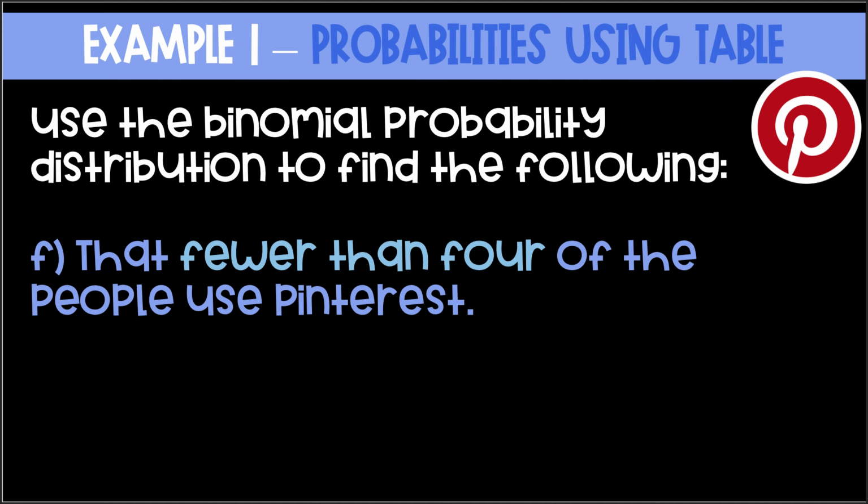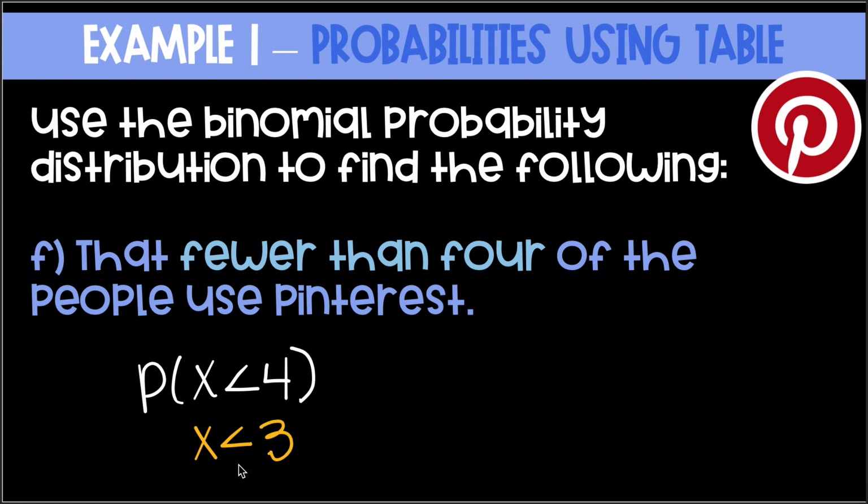Now, to find the probability that fewer than 4 of the people use Pinterest, that's the probability of x is smaller than 4. But remember, I can only use the CDF command, and that one gives me up to that value. So instead of going to find fewer than 4, I have to go one down and find up to that value. Let me show you again.